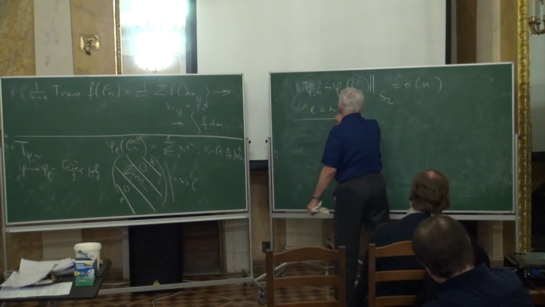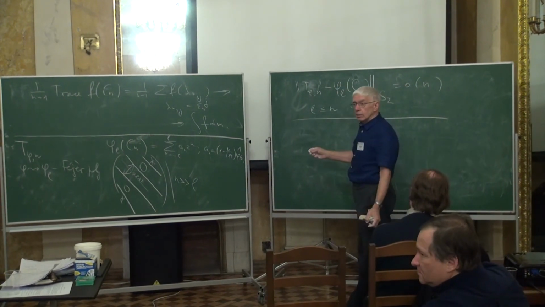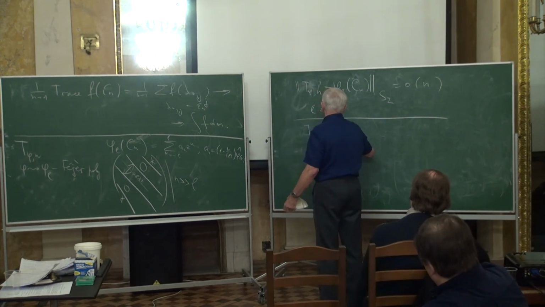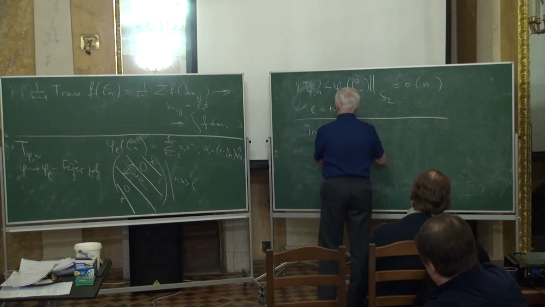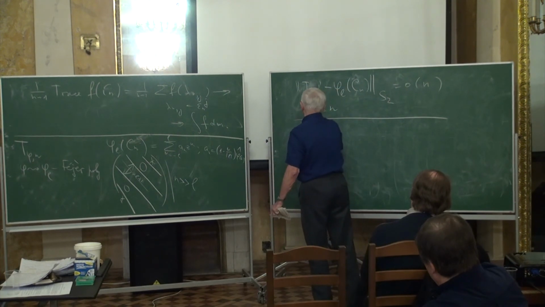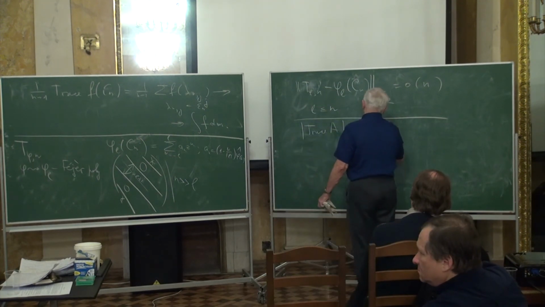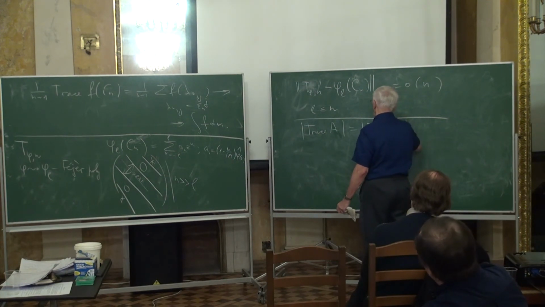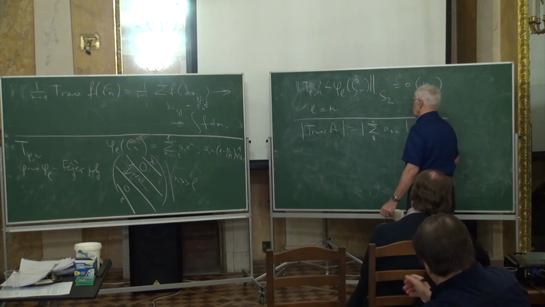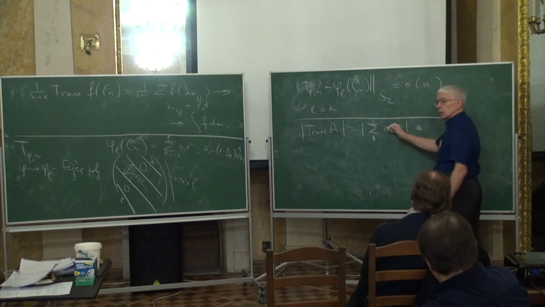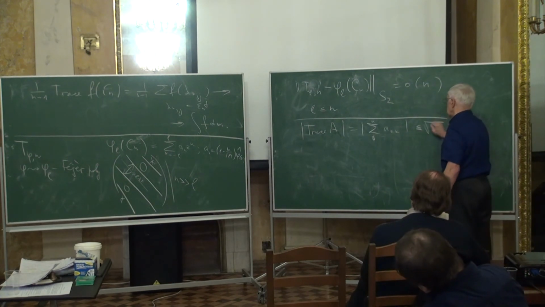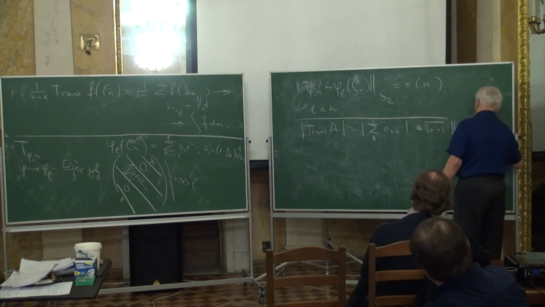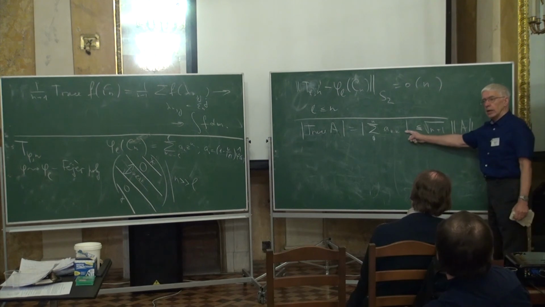And if this is the case, we are done, because the trace of a matrix is the summation of the diagonal elements from 0 to n, which is, by the Cauchy inequality, less than n plus 1 times the Hilbert-Schmidt norm. Okay?